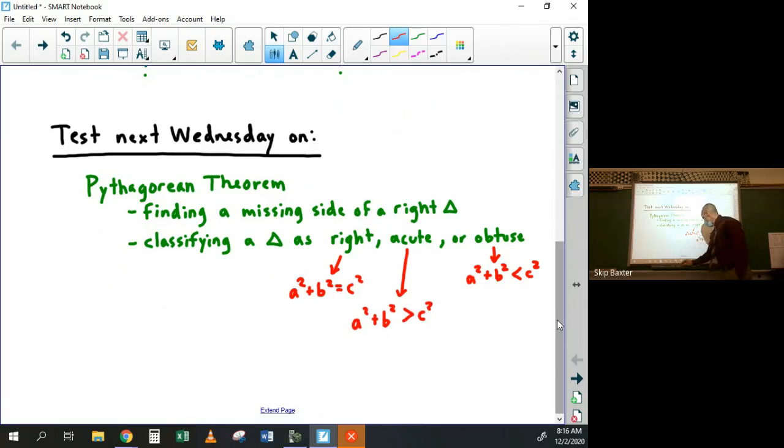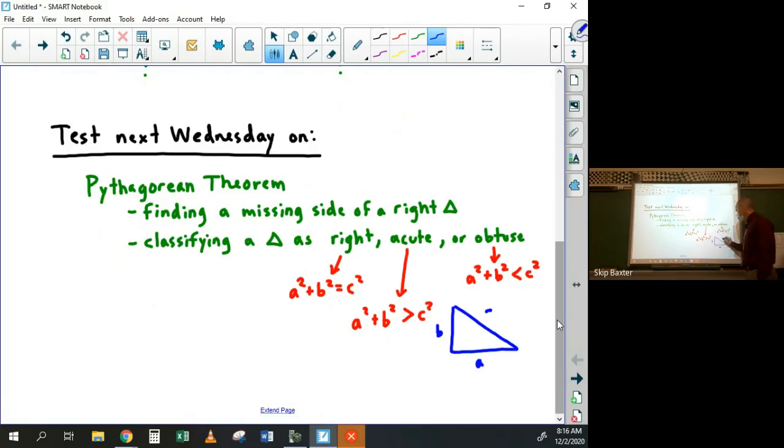Okay, and remember, the way I keep this straight in my brain is if I have A, B, and C as the sides, like this, obviously if A squared plus B squared equals C squared, then it's a right triangle. But if it's obtuse, that means that C is a little bit longer. And if C is a little bit longer, that's this situation.